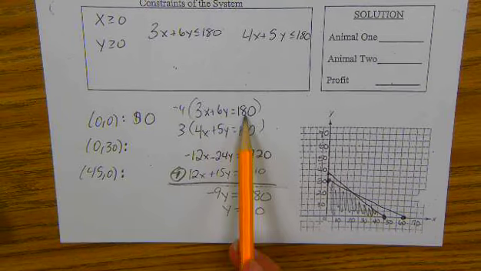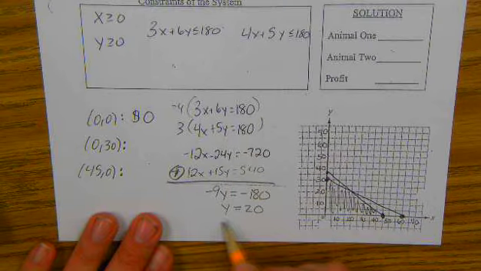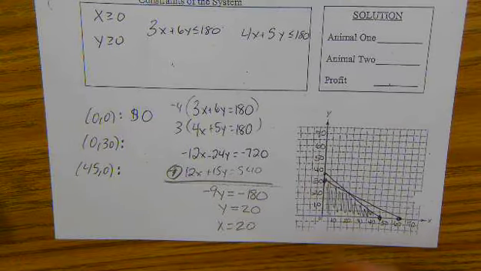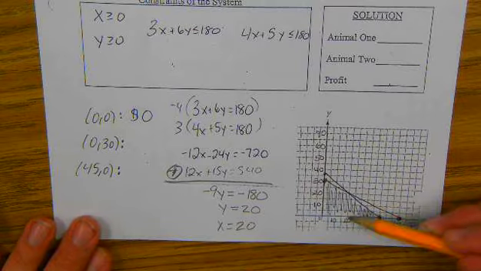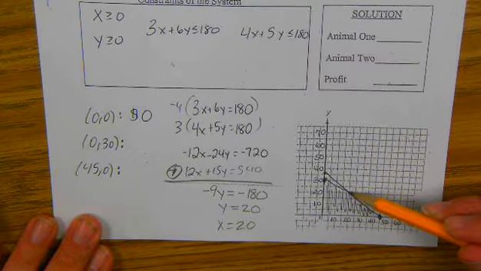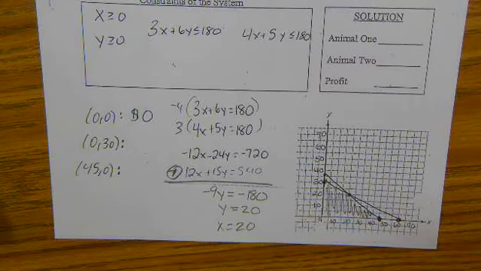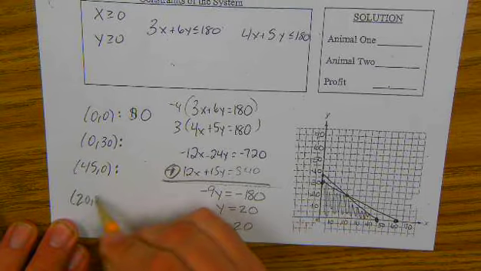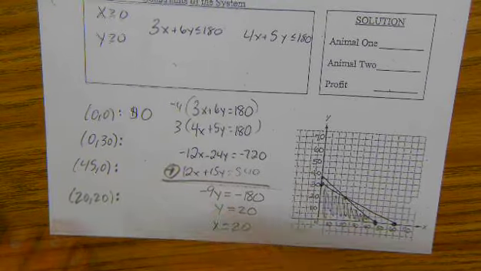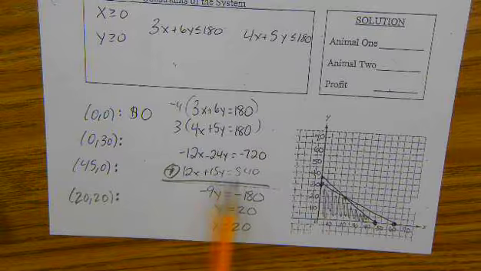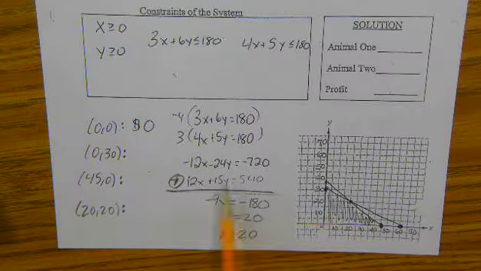Subtract it over, that's 60 divided by 3. Looks like x is 20. So if you could tell, I mean, mine's pretty accurate, to be honest now. It does look like it crosses at (20, 20), so if that's what you guessed from your graph, you were correct. But now we know 100% that it's (20, 20) because we proved it with the algebra.